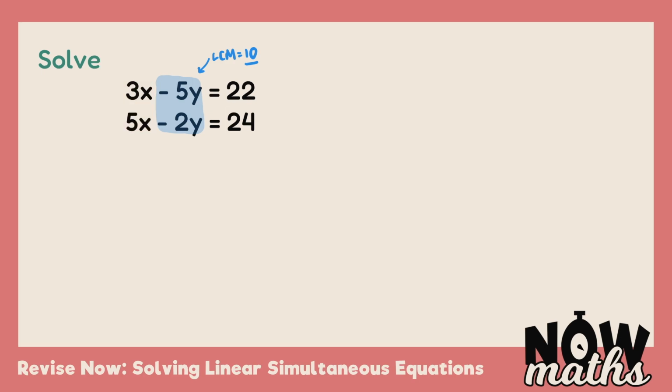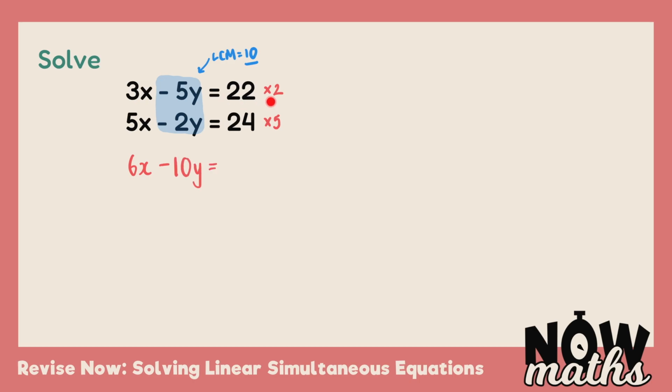So looking at our first equation, to make our 5y into 10y, we're going to have to multiply the equation by 2. And then looking at the second equation, to make our 2y into 10y, we're going to have to multiply by 5. So first starting off by multiplying the first equation by 2, 3x multiplied by 2 is 6x. Then -5y multiplied by 2 is -10y.